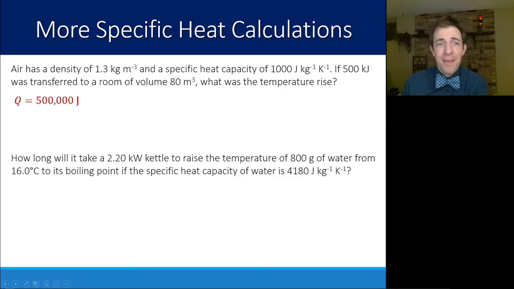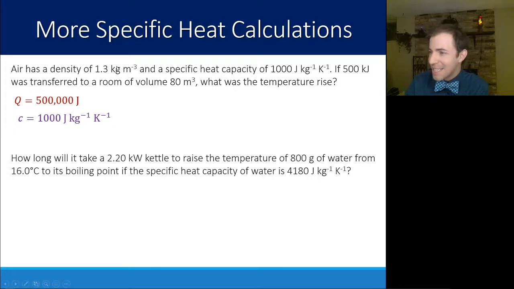So again, we are given here 500 kilojoules. Kilo is just 1,000. So Q, the heat energy that's transferred to the room, is 500,000 joules. Something else that I know is the specific heat capacity, C, 1,000 joules per kilogram per Kelvin. And then typically I'd also want to know the mass if I want to figure out the temperature rise, but I'm not given a mass. I'm not given kilograms outright.